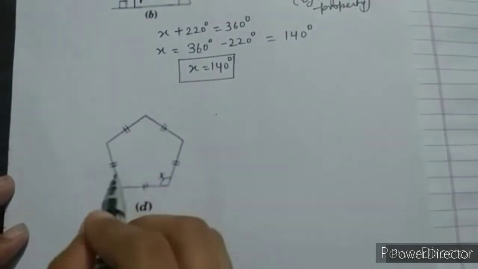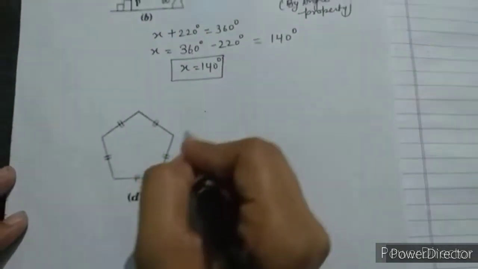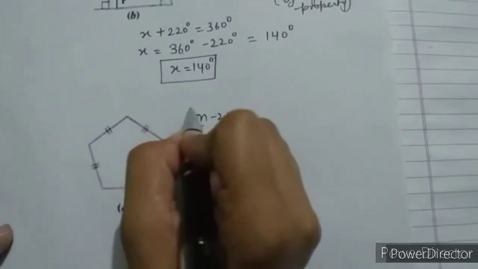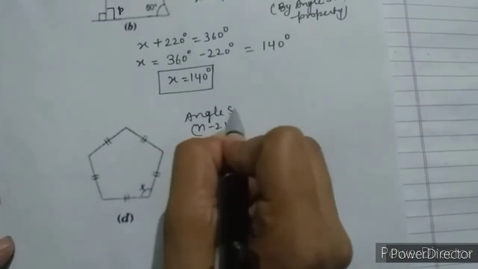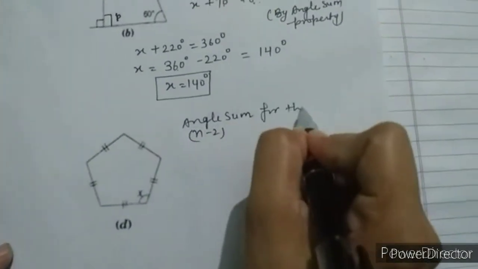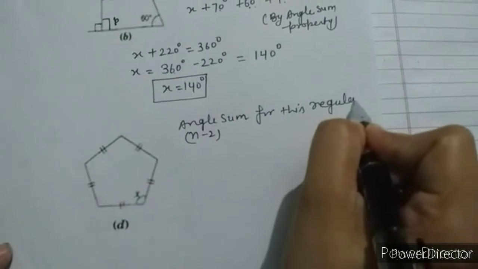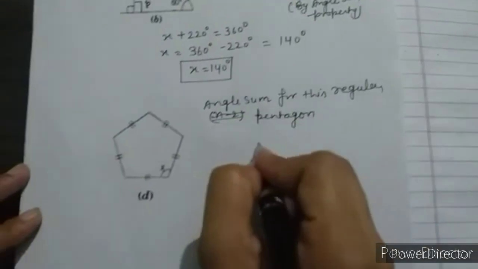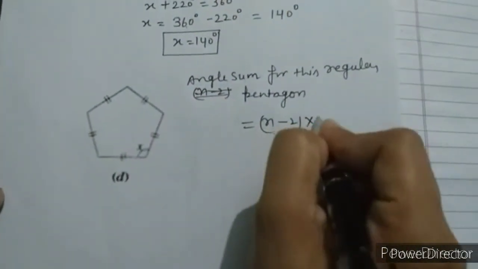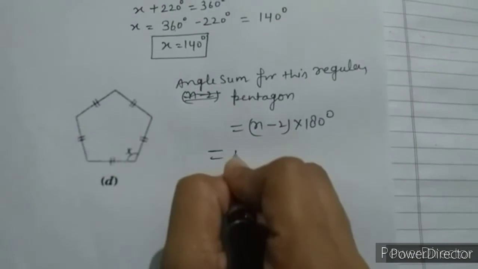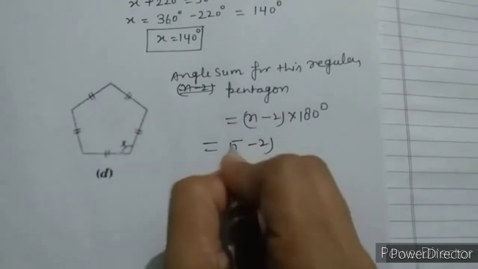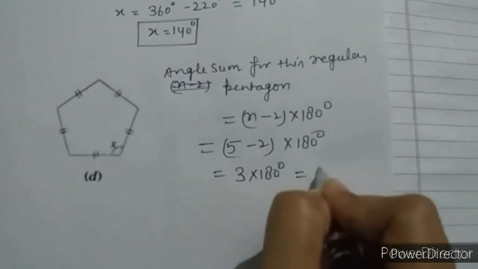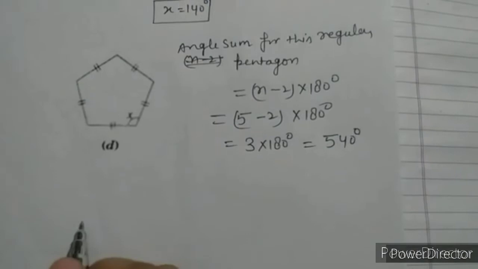Then applying the angle sum property for this regular pentagon, the angle sum will be n minus 2 into 180 degrees. Here the sides are 5, so 5 minus 2 into 180 degrees, 3 into 180 degrees equals 540 degrees, right?